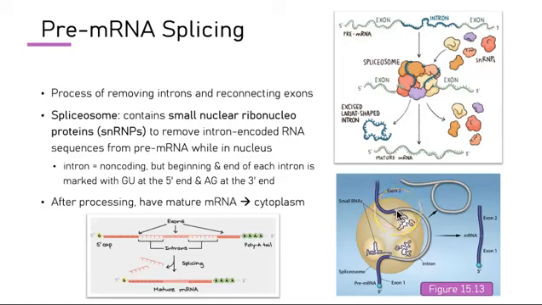And it is because at the beginning and the end of each intron is going to be marked with a GU at the 5' end and an AG at the 3' end. And once we've gotten rid of all of these introns, we can have our what we call mature mRNA strand travel to the cytoplasm for translation.